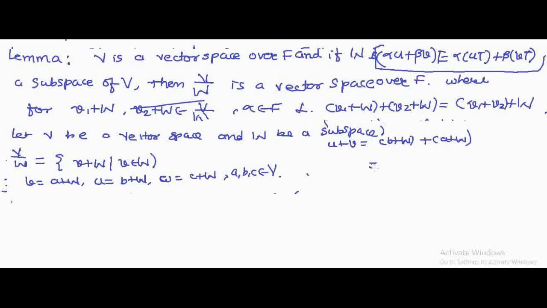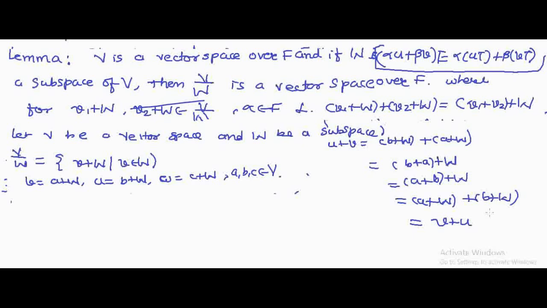This is nothing but (b + a) + W. This is equal to (a + b) + W, or this is same as (a + W) + (b + W), but this is equal to v + u.